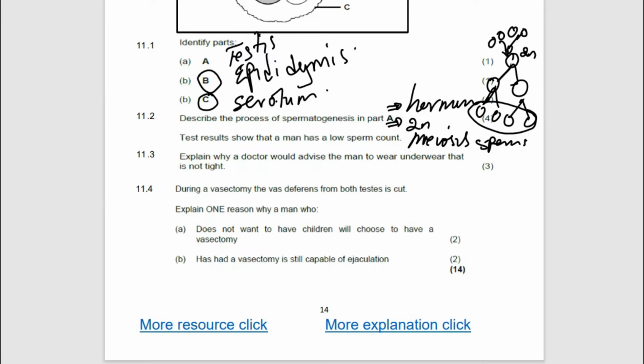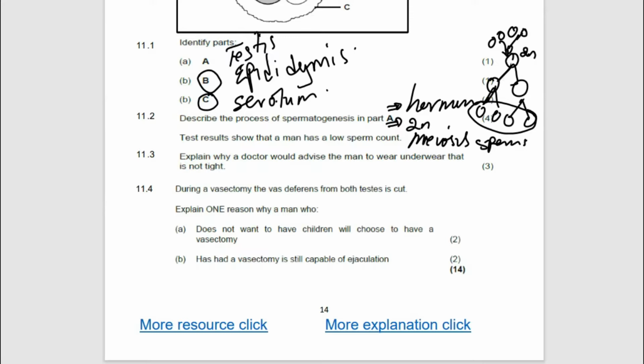And then this will affect the sperm maturation negatively. Don't just say affect the sperm maturation. How? Negatively. It means that it will lower how many and the rate of these sperms maturing. So if there are less sperms being produced, it means that the number of sperms at the end will be low. That's why we are saying that it's going to reduce the sperm count.